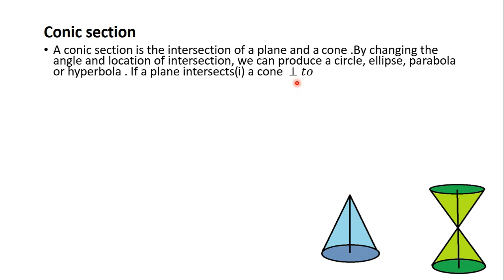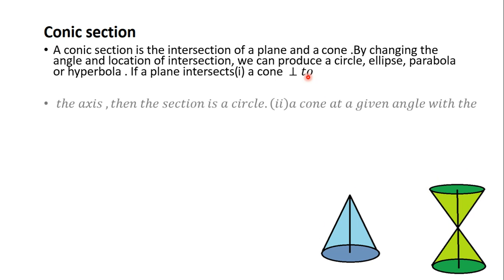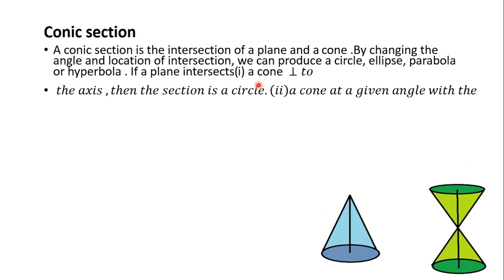If a plane intersects a cone perpendicular to the axis, then the section is a circle. Here is one cone, and this is the axis of the cone.